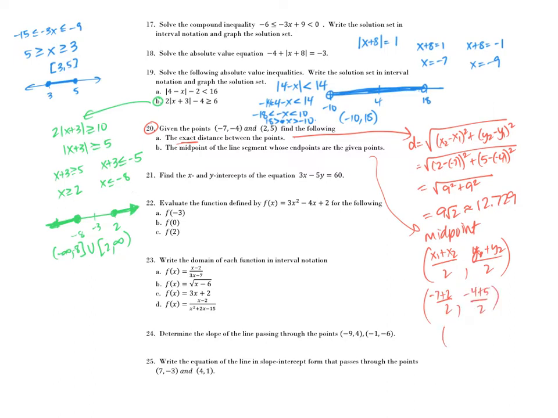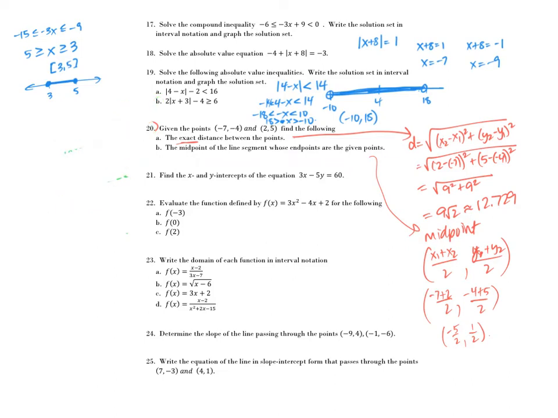So this gives me negative 5 halves, and negative 4 plus 5 is 1 half. So that's the midpoint. Okay. On number 21, it says to find the x and y intercepts of that function. Let me erase a little bit. Okay.